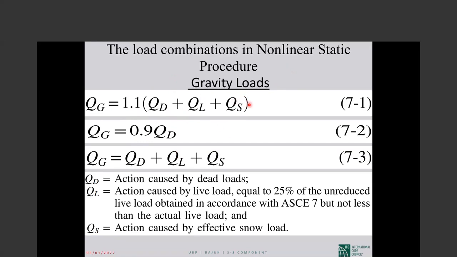Once we put this on the building and push and look at the results, then separately put the next one as a gravity load and push and look at the performance of the building, and lastly this one. Then the worst case for each element is what we use for decision making on the performance of the building.